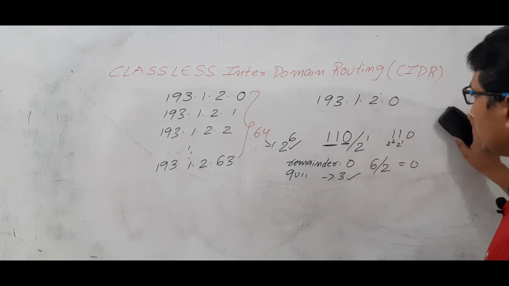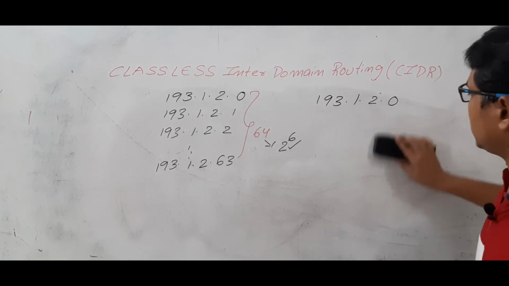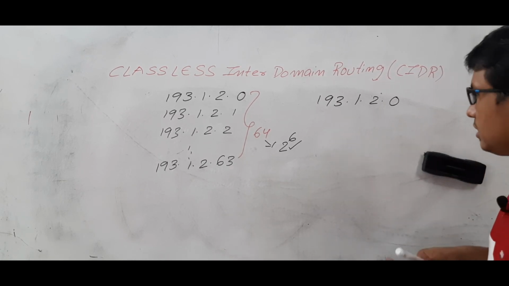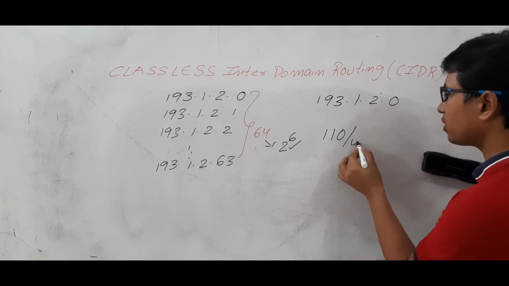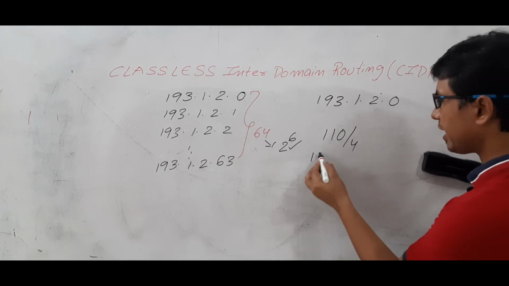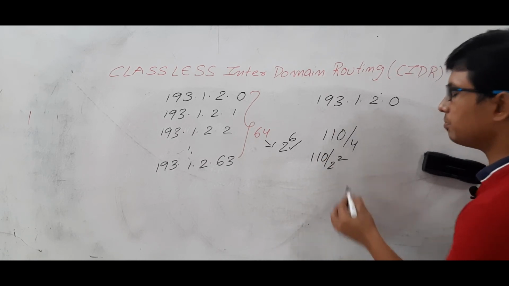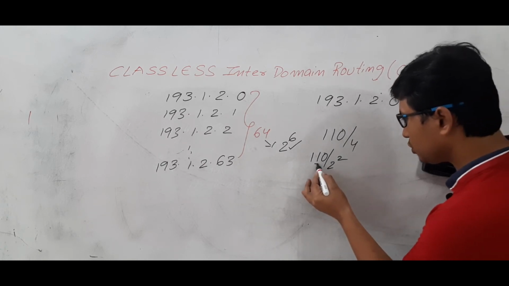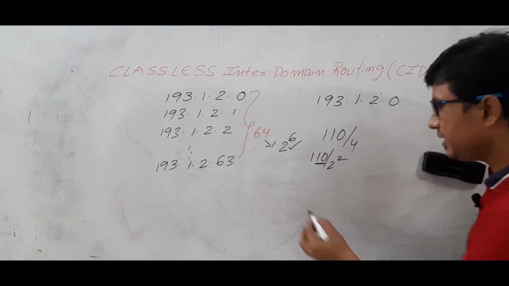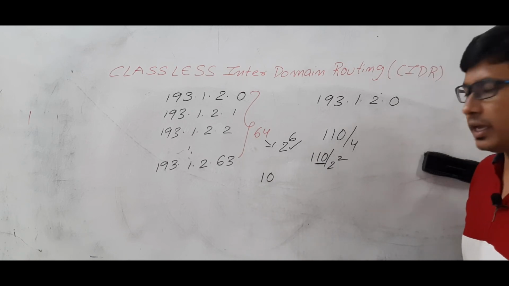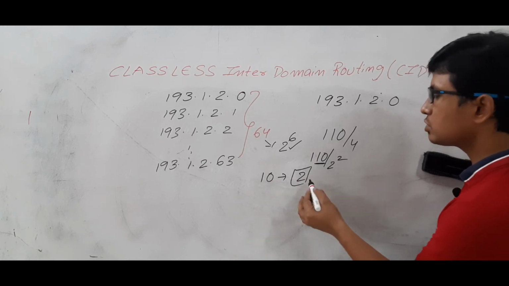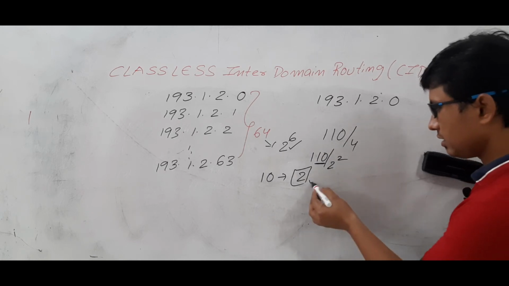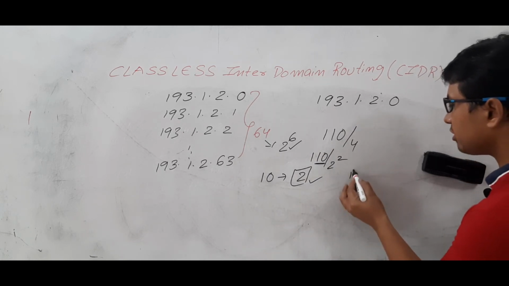If you want to verify, I can discuss another example. Take 110, the same thing, and divide by 4. 4 can be written as 2 power 2. So the last 2 bits will be the remainder. 10 in decimal is 2, so 2 is the remainder and the quotient will be 1.